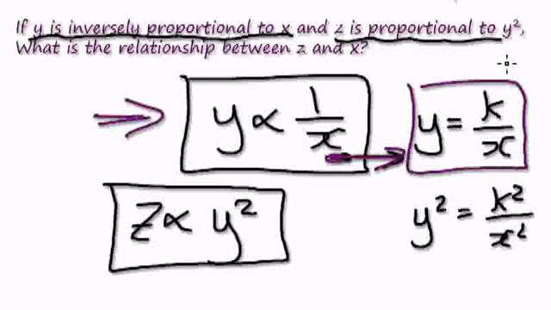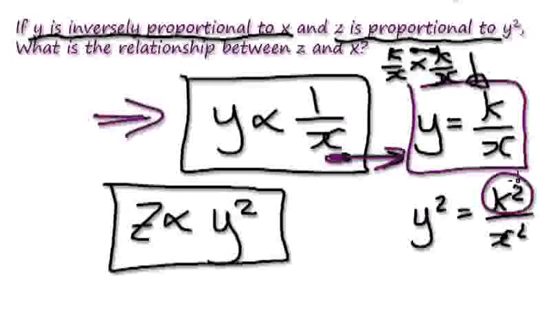It's just like a fraction times itself. When you have a fraction times a fraction, top times top, that's why you've got k squared here. Bottom times bottom, that's why you've got x squared at the bottom. We started off here, jumped to this, and then we can get to this.